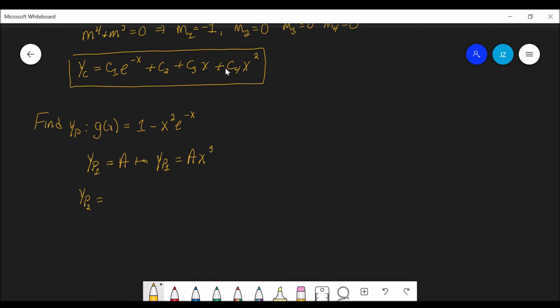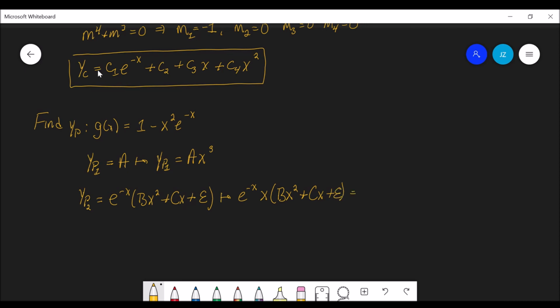yp2 would be a second degree polynomial times the exponential. However, a constant times e to the negative x, we already have in the complementary function. So we take this to be e to the negative x times x, times a second degree polynomial.